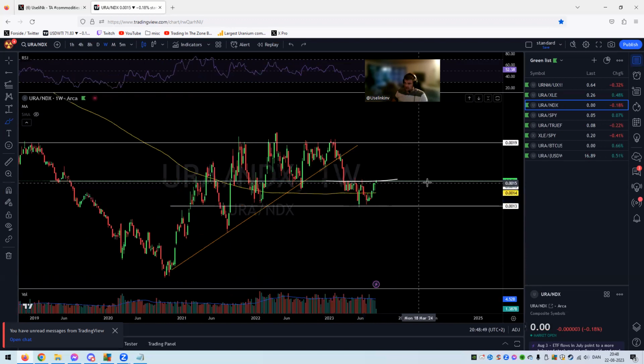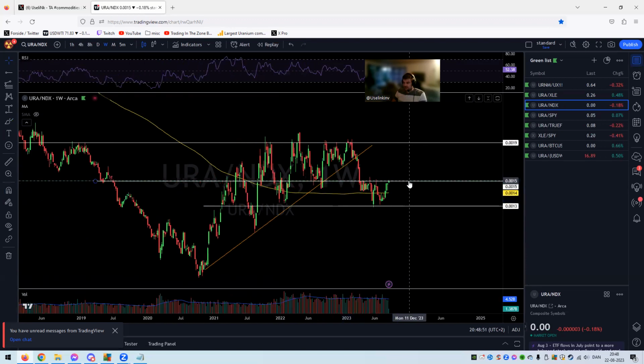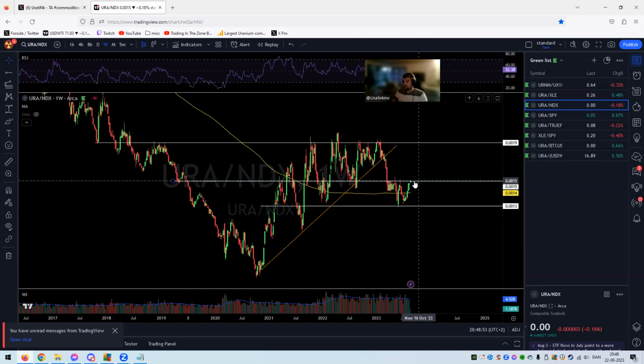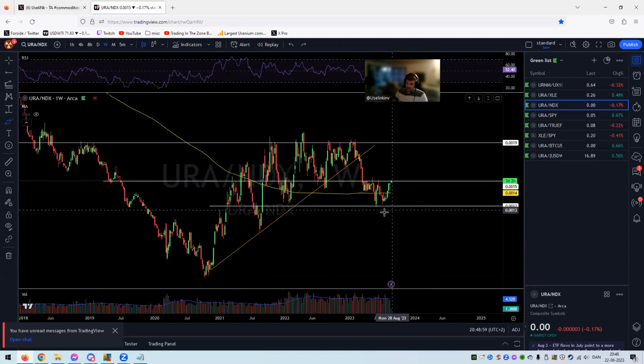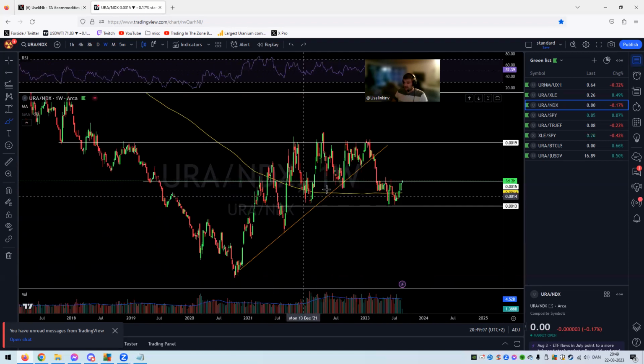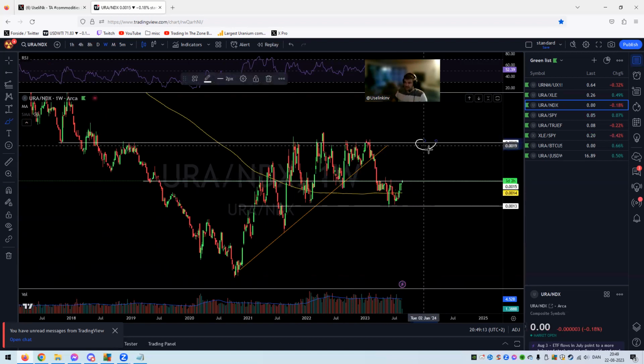But still, what we're fighting with now is actually to get above this 0.005 level, the one that comes across all the way here. I hope you can see the white on white here, but still, I try to make it as good as possible. Then we will trigger the outperformance, at least in the short term, over the NASDAQ. And that could roll over into a longer term outperformance if we can then snap this one later on in time. But this right here, to me, is very important that we can get above.